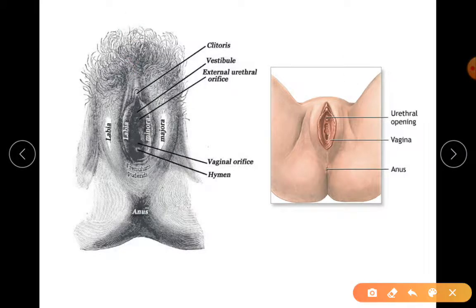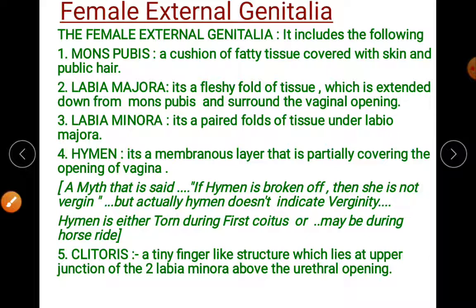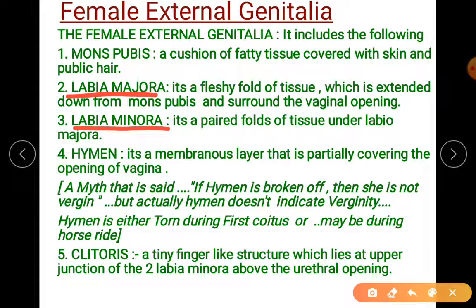So you can find here labia majora and labia minora. Labia majora is a fleshy fold of tissue. Remember, a fleshy fold of tissue which extends down from the mons pubis, surrounding the vaginal opening.